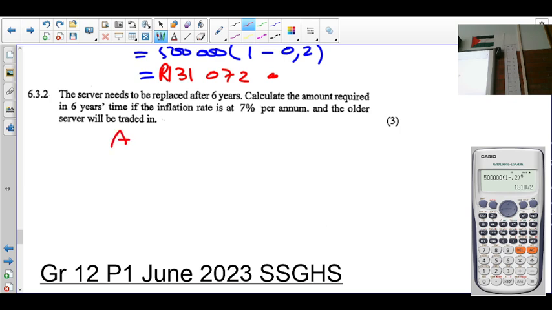So for the compound formula, it's the same as your simple interest. Your compound interest and your inflation interest is the same formula.